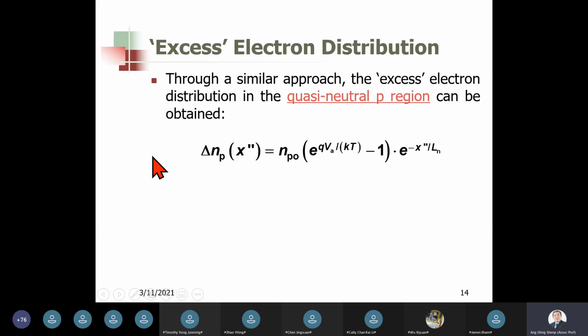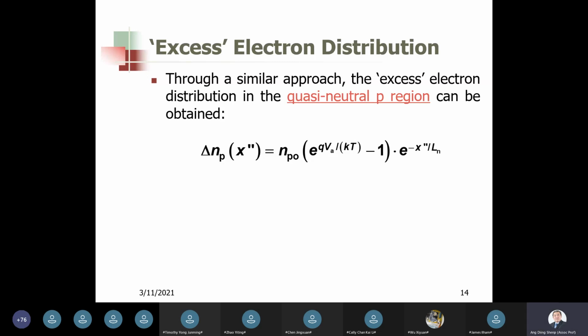So please try to see if you can obtain this on your own. At this point, we have partially solved the problem. We now know how the excess hole and electron concentrations vary as a function of distance in the two quasi-neutral regions.